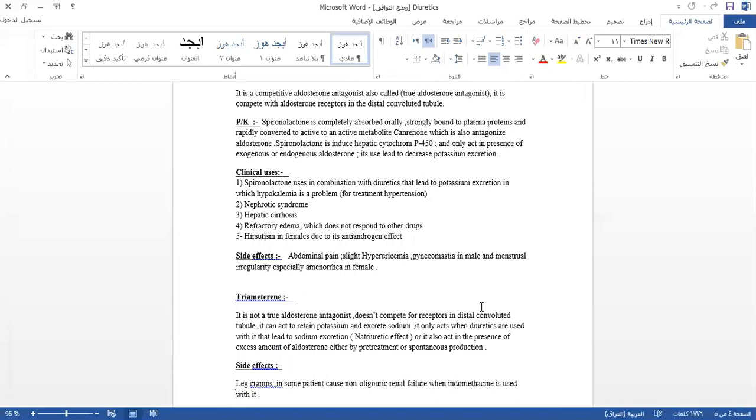So it affects menstruation in females, and because of its anti-androgenic effect it may lead to gynecomastia in males, with menstrual irregularity, especially amenorrhea, in females. Abdominal pain with a slight hyperuricemia.